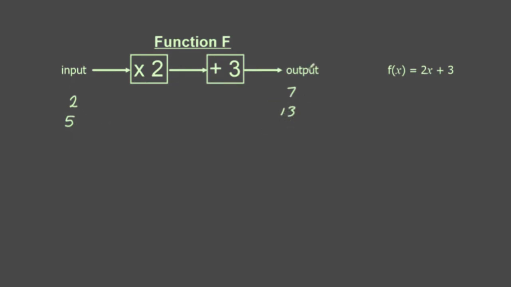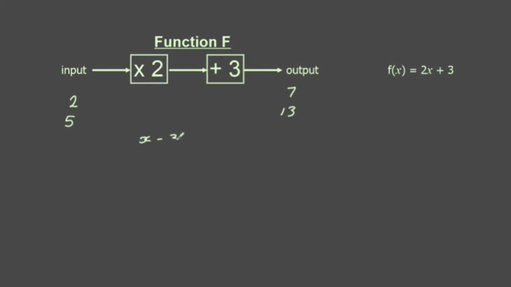So we will start with the output and go back to the input. What would we have to do to go from the output back to the input? We would have to go backwards. So the opposite of adding 3 is taking away 3.